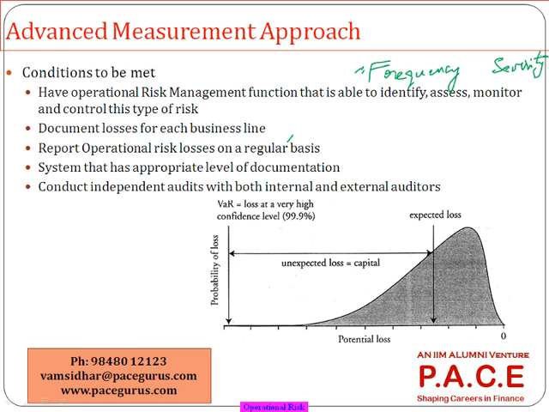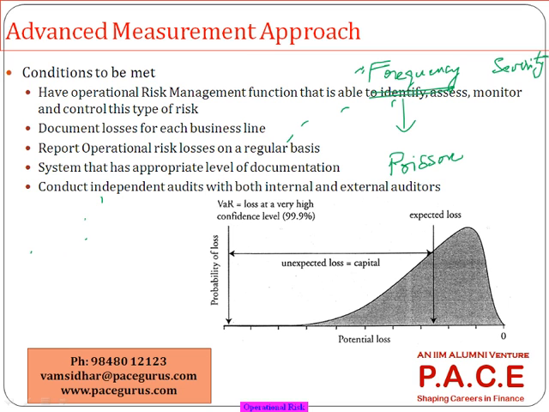Now it says you create a model for the frequency. In general, some kind of statistical distribution can be used to model frequency. The most common distribution used for modeling the frequency of losses is the Poisson distribution.